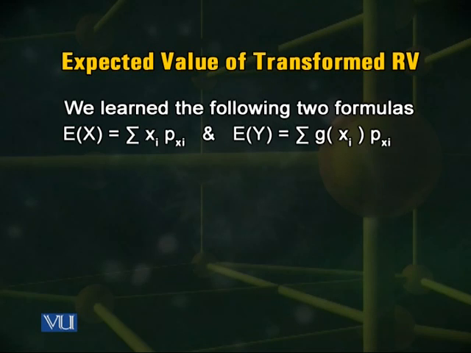But you don't have to do that. You can get the expected value of transformed random variable from the probability mass function of original random variable plus the well-defined mapping. You can use that to find expected values of transformed random variables.